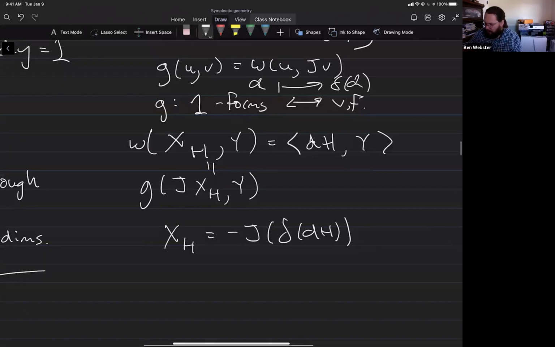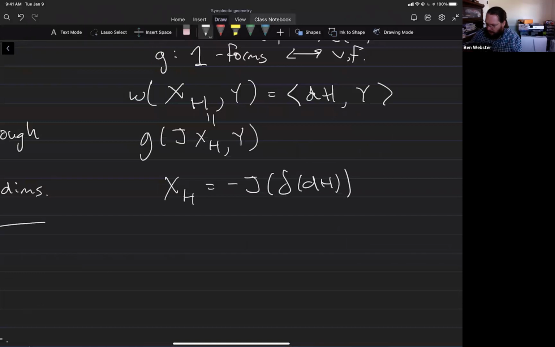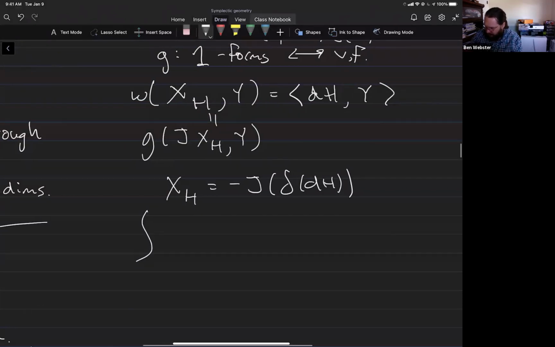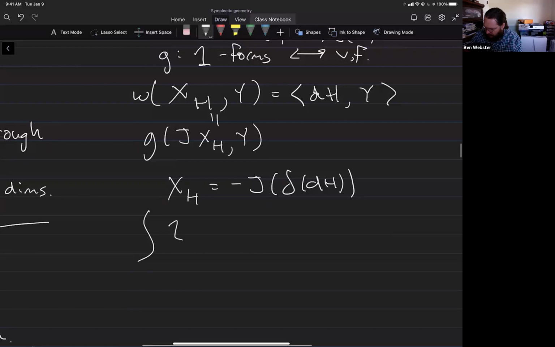So what does it mean to do a line integral of some vector field contracted with the symplectic form over a curve? Well, now do this backwards.